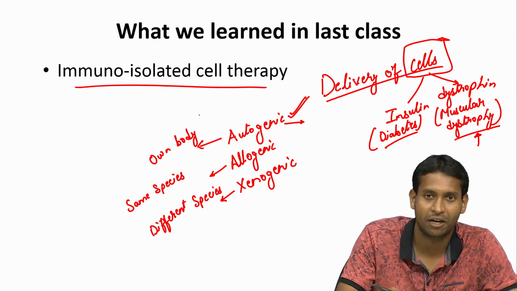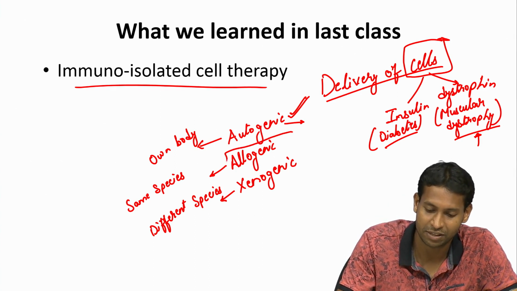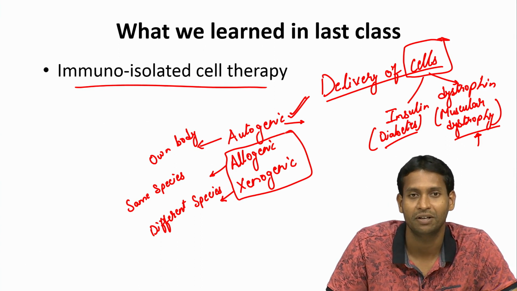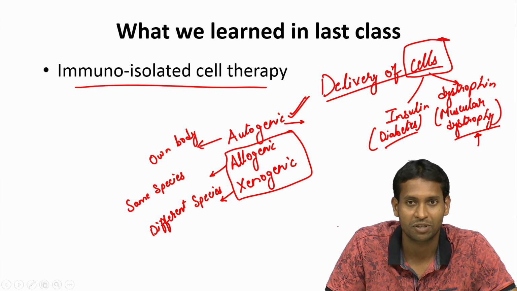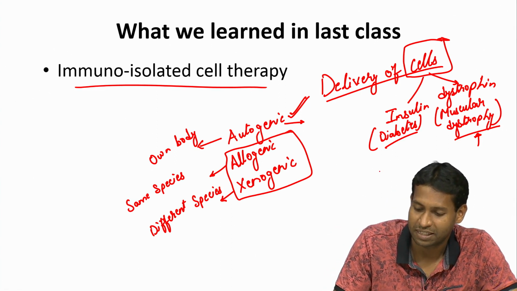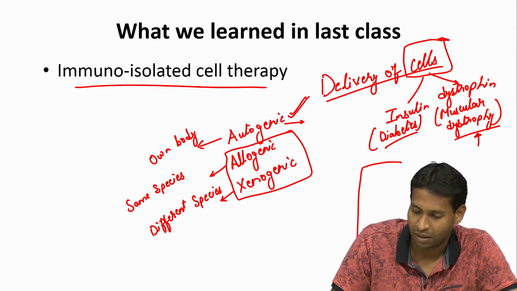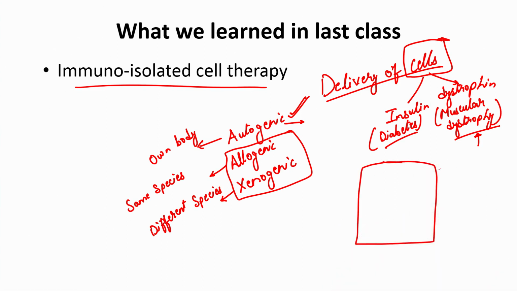Because mainly allogenic and xenogenic are the sources that we have, we need to protect these cells before we put them in the body, because otherwise the immune system is going to kill them. So, what is done in this case is you take a compartment which has a semi permeable membrane, and you put your cells, the cells you are delivering and trying to protect from the immune system, within this compartment.